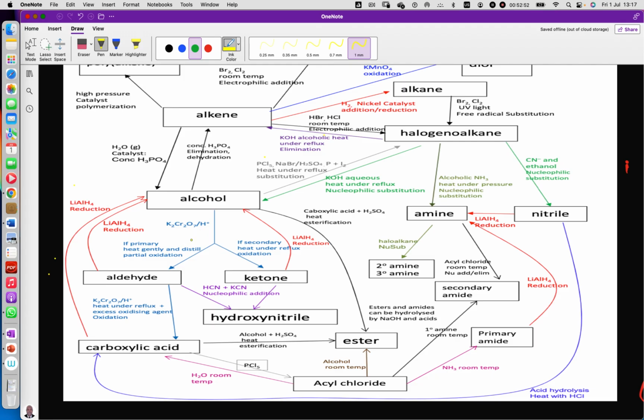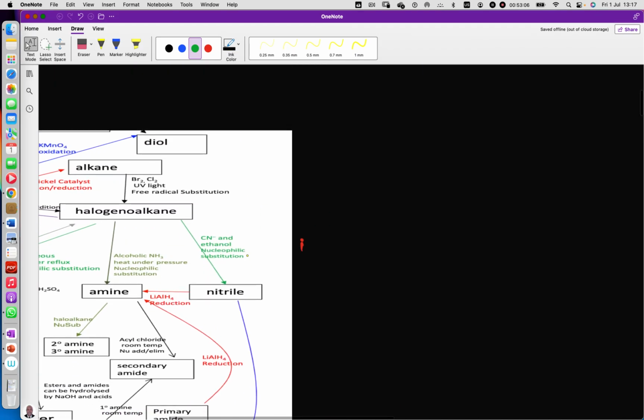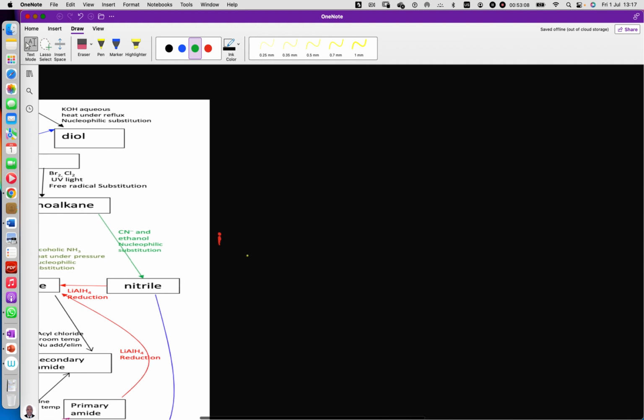Meanwhile, secondary alcohols are oxidized to what? To ketone. And the oxidizing agent used is acidified potassium dichromate 6. Okay, let me just give you an example here for the reaction.